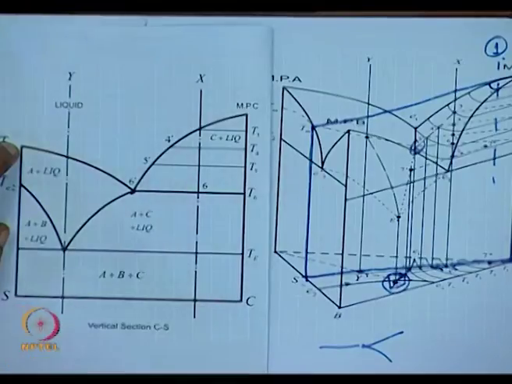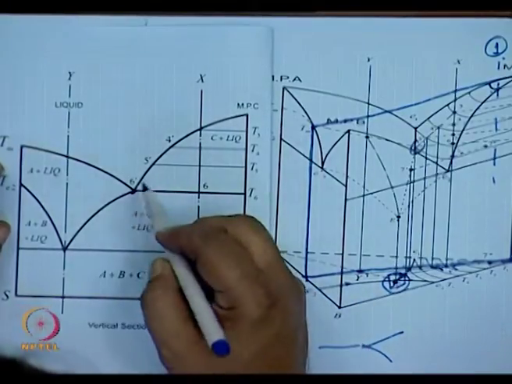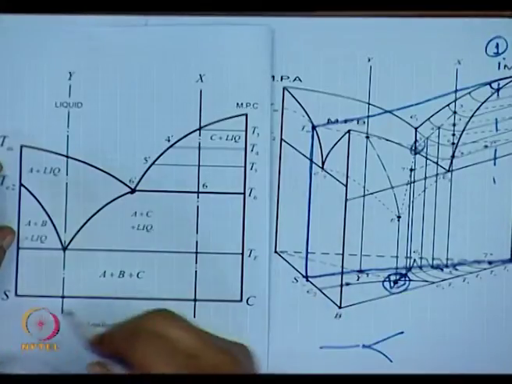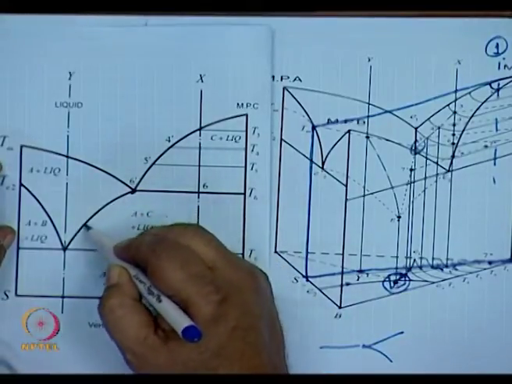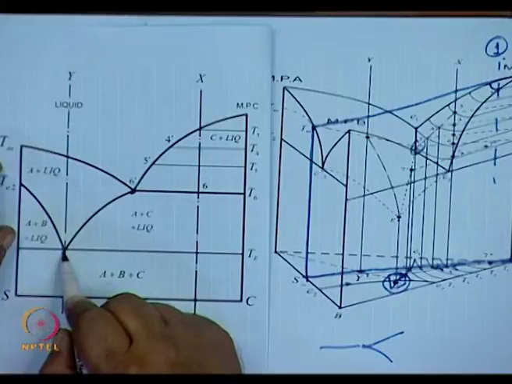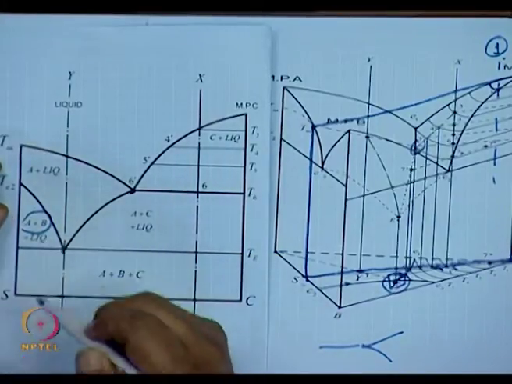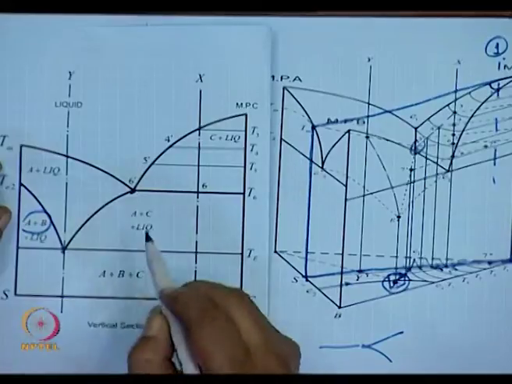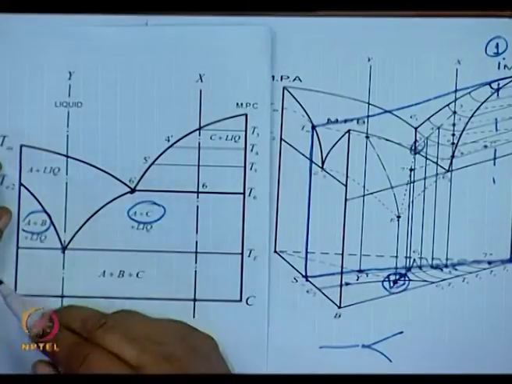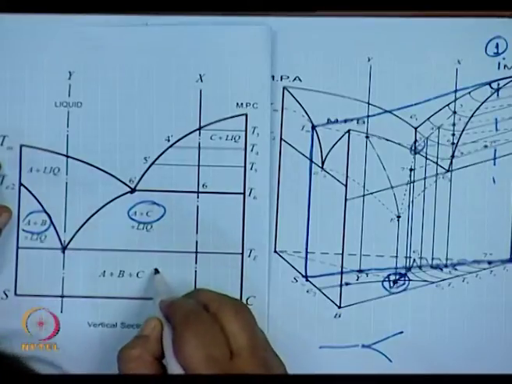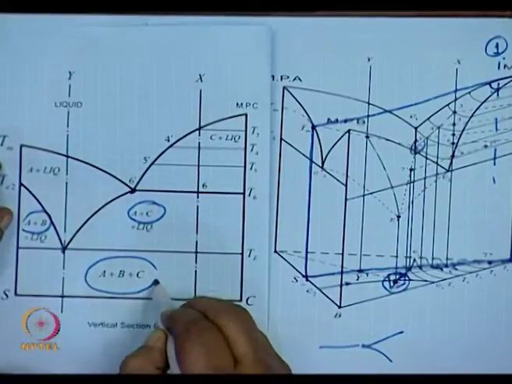This 6 dash, then in this section C, now I am bringing in this whole section, forms that UTE, the final eutectic, where I have got both A plus B separating out, A plus C separating out, and finally below the ternary eutectic I have got A plus B plus C.